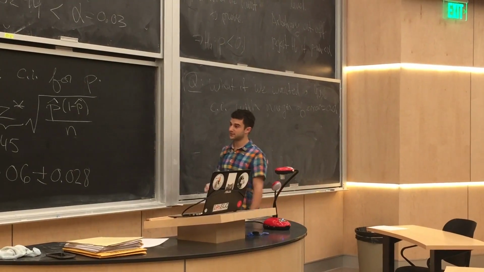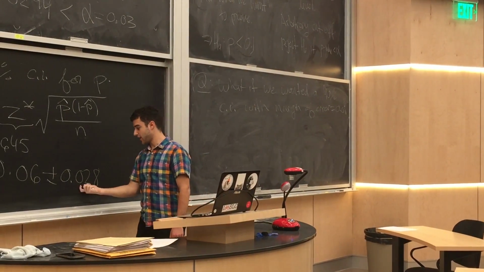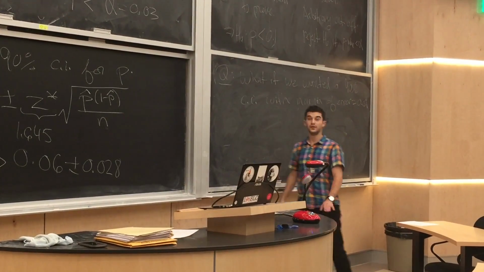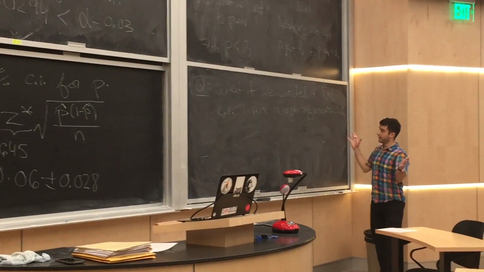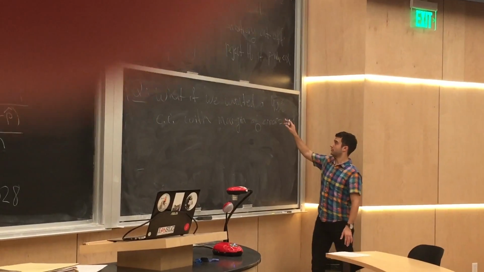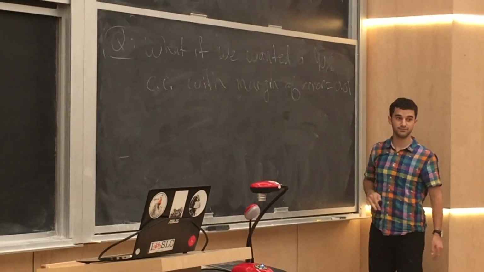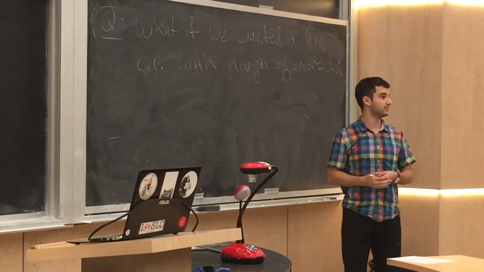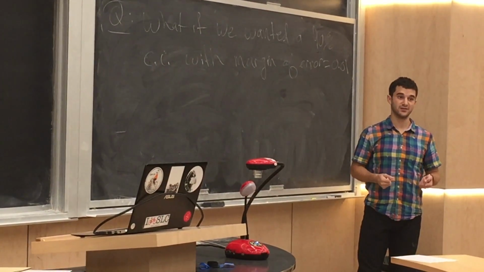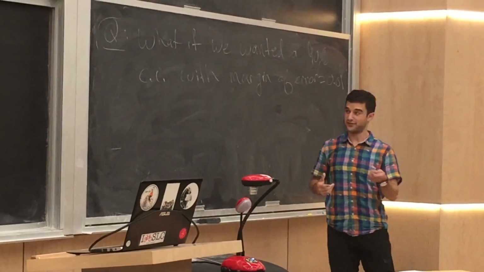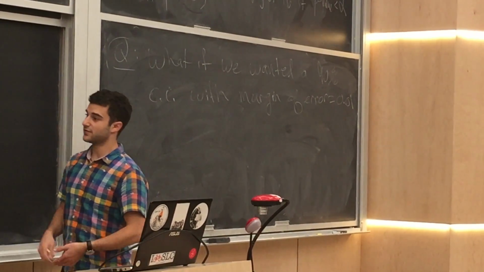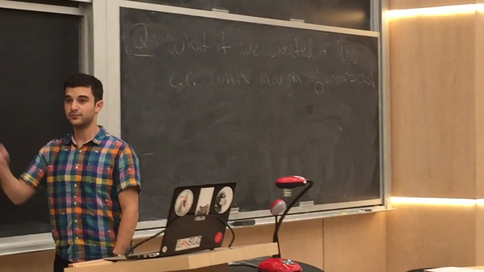In this case, our 90% confidence interval had a margin of error of 0.028. Now we want a narrower confidence interval with the same confidence level. So what does that mean about our sample size? It's larger. To get a bigger sample size. To get more precise confidence intervals, you always need more data.